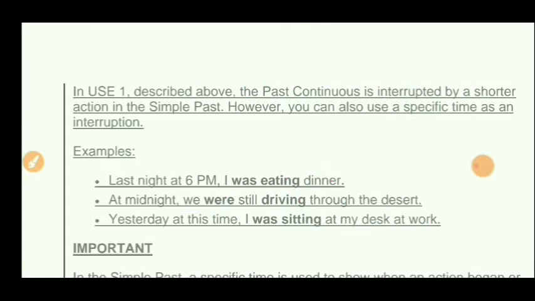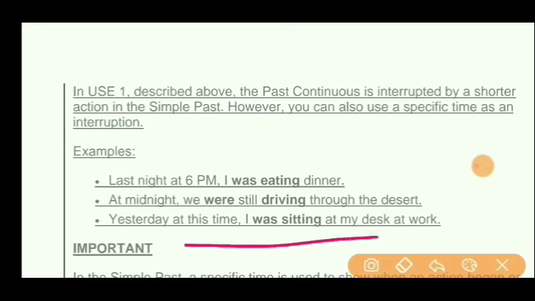So here, at midnight we were still driving through the desert. Yesterday at this time I was sitting at my desk at work. So here I clear you more that sometimes it is not necessary that a shorter action would interrupt a longer action.